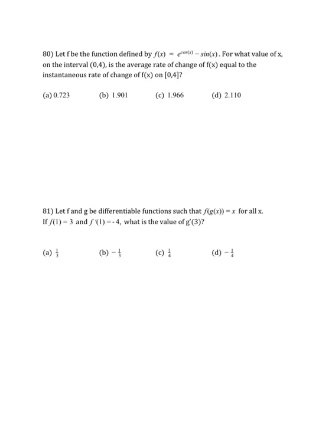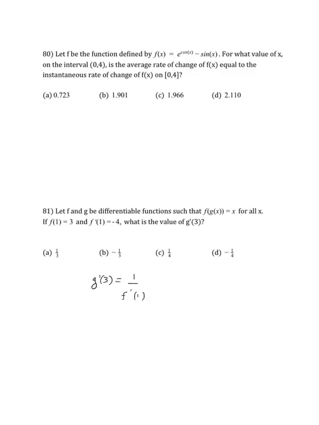Let's look at number 81. So we want to get g prime of 3. And they tell us that f of g of x is equal to x. That means they're inverse functions. So to find g prime of 3, you would do 1 over f prime of 1.